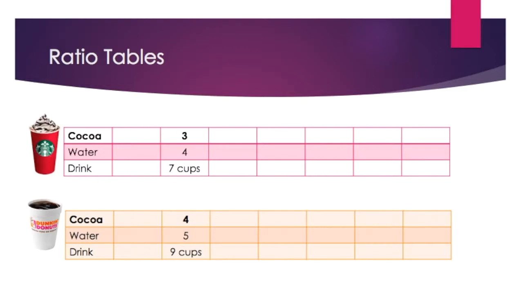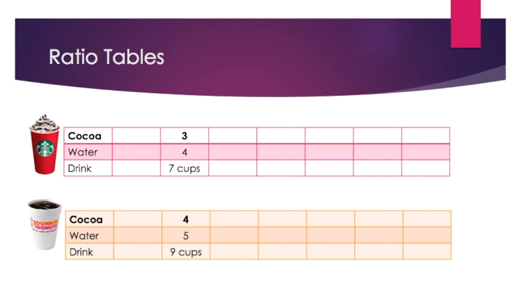So in the ratio table, we know specifically that comparing Starbucks and Dunkin' Donuts hot chocolate, we want to know what is going to be the most chocolatey. Well, one way to start is to think about what I need to be a constant factor in my recipe in order to really determine who has more cocoa powder.